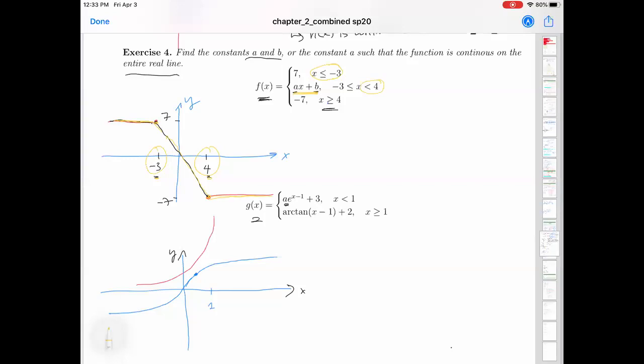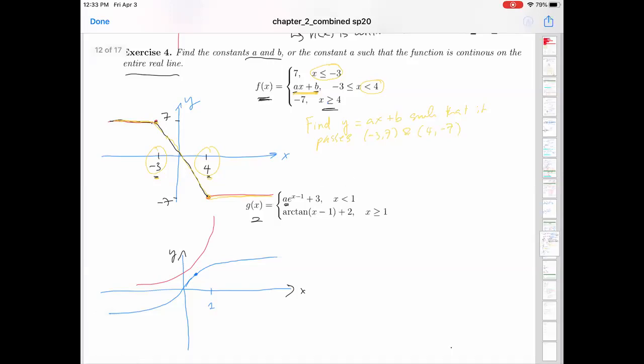So the problem turns out to be: find the line y equals ax plus b such that it passes through the point (-3, 7) and the point (4, -7).